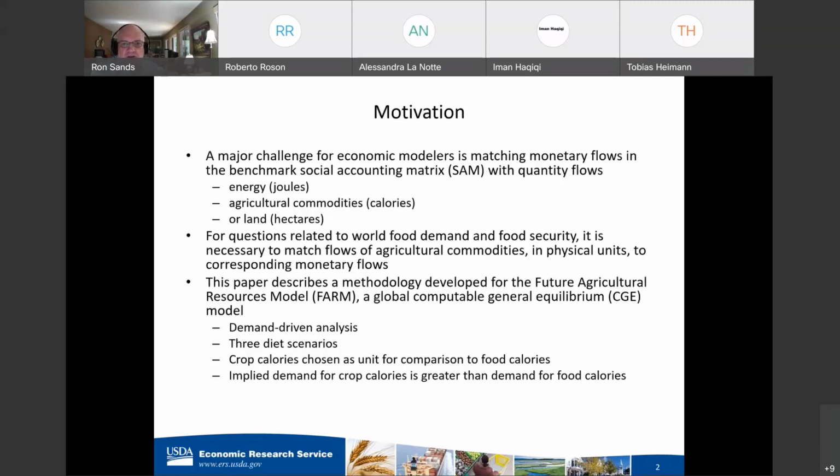Part of the motivation for this talk is that a major challenge for economic modelers is matching monetary flows in the benchmark social accounting matrix. Here we're using GTAP 9 as a social accounting matrix, which has a 2011 base year. I take the GTAP data and use the tools developed by Tom Rutherford, the GTAP and GAMS tools, to convert the model into the GAMS modeling system, and then set it up as a dynamic recursive model that runs in 5-year time steps from 2011 through 2101.